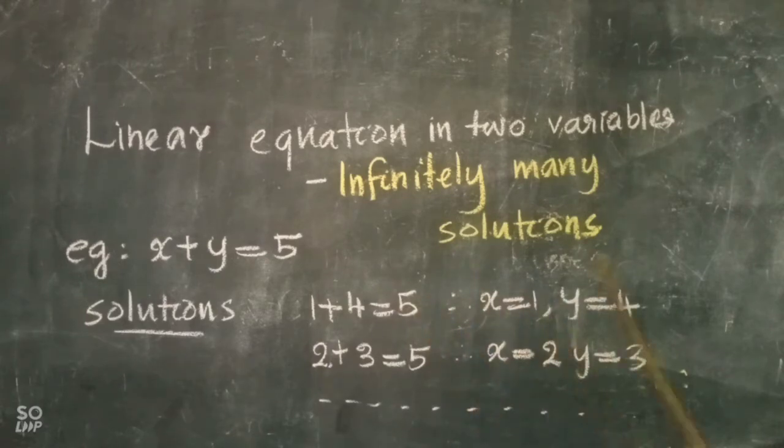So, x equal to 1, y equal to 4 is a solution of this equation. If we give x equal to 2 and y equal to 3, then also we are getting 2 plus 3 equal to 5. In the same way, we can find many solutions. We can use decimals also. So, there are infinitely many solutions for a linear equation in two variables.